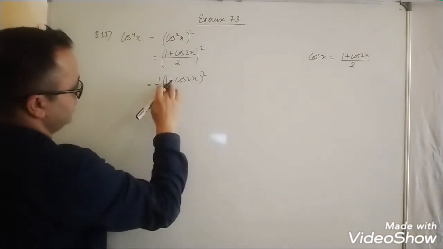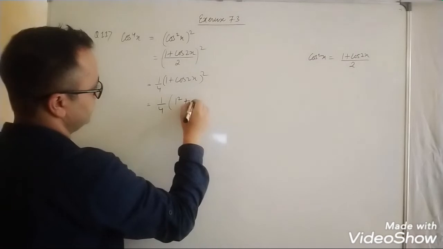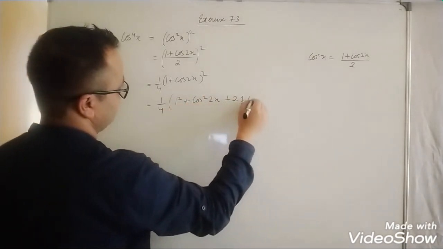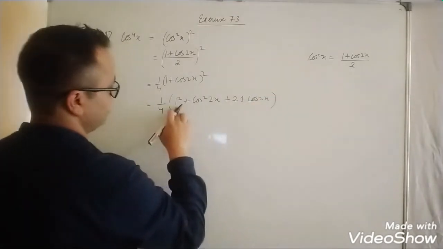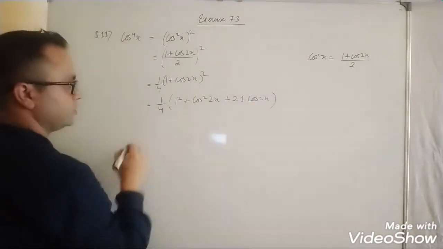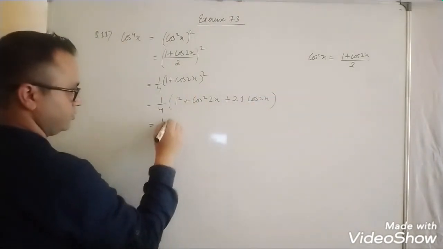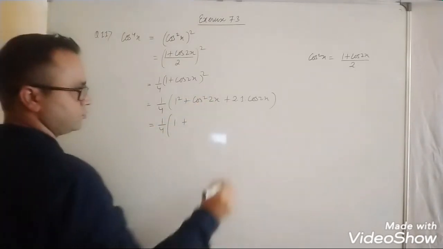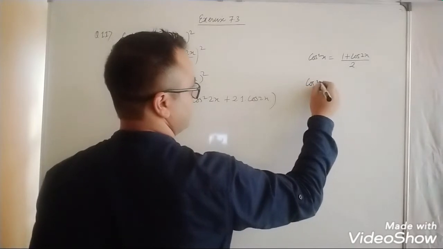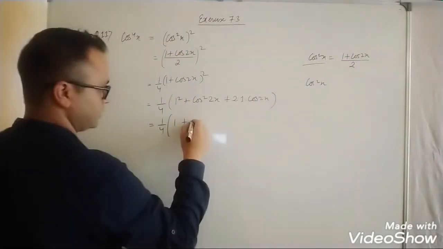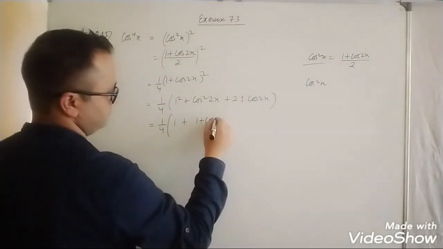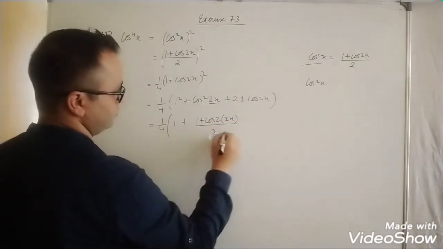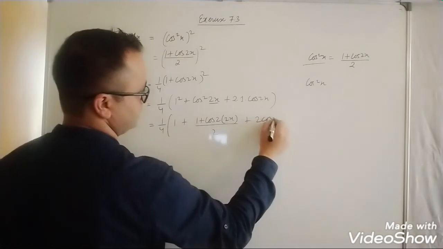Now (a plus b) whole square is a square plus b square plus 2ab: cos square 2x plus 2 into 1 into cos 2x. So this equals 1 by 4, 1 square is 1. Now again we have to apply the formula of cos square x: 1 plus cos 2 into 2x divided by 2, plus 2 cos 2x.